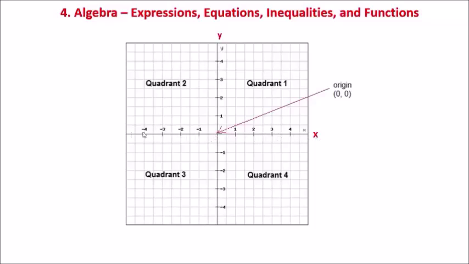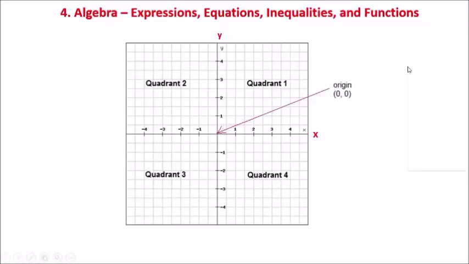If you go left, x values keep going down. From the origin, if you go up, the y values keep going up. And if you go down, the y values go down, okay? These are called the 4 quadrants, okay?